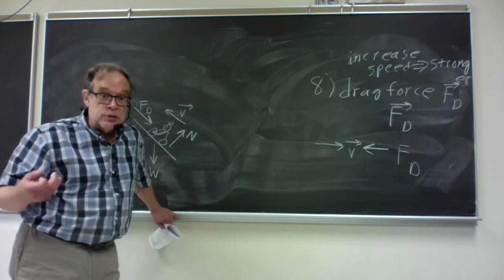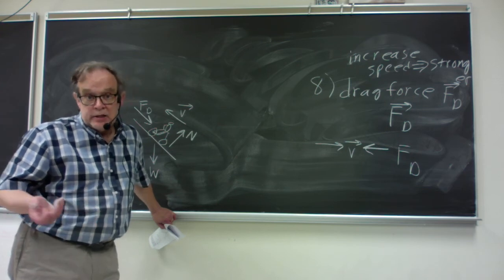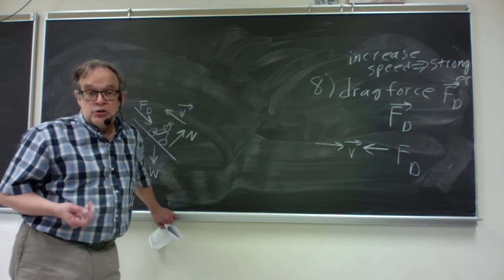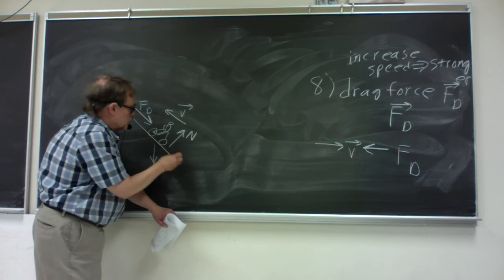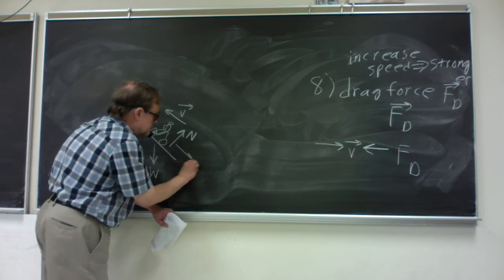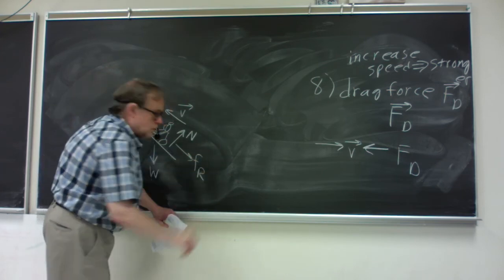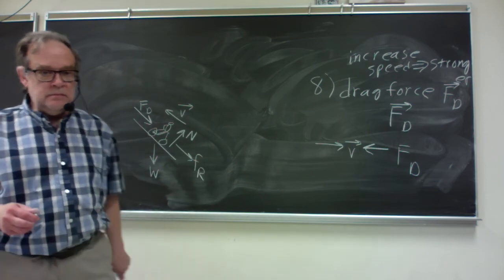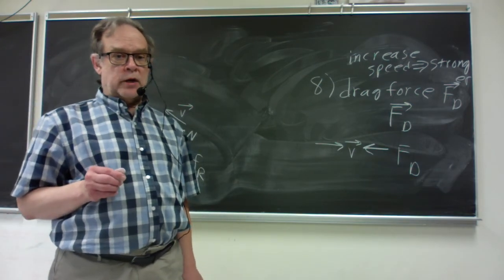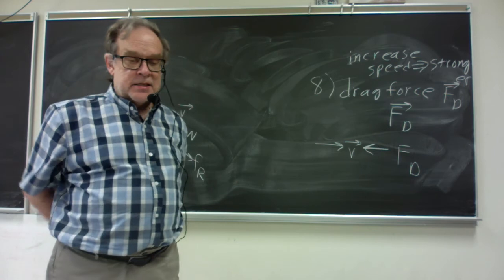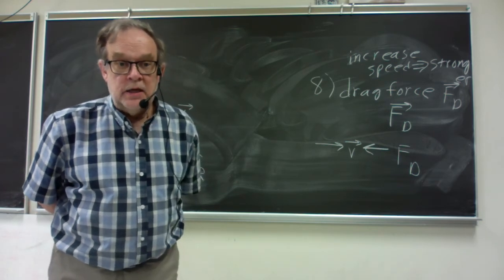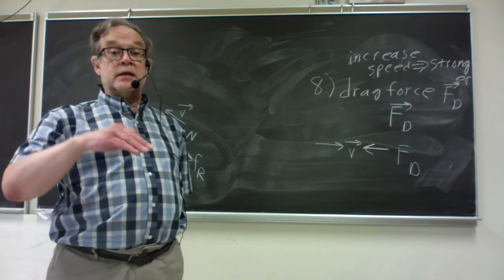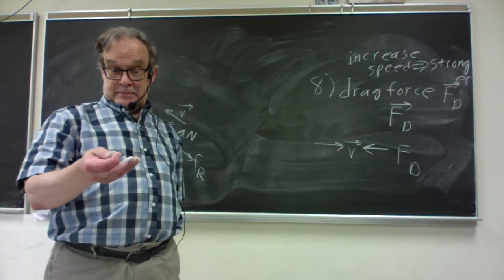The rolling friction is opposing any possible slide, so it points opposite to the slide that you would have had. The slide would have been this way, so rolling friction will point that way.